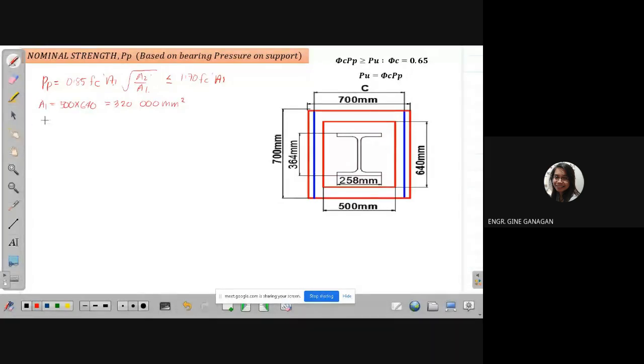Okay, so for area 2, ano yung magiging area natin? So that is the largest maximum area that is geometrically concentric or similar. Ano yung magiging area nito natin? So yung kinuha natin dito is yung buong length, 700.